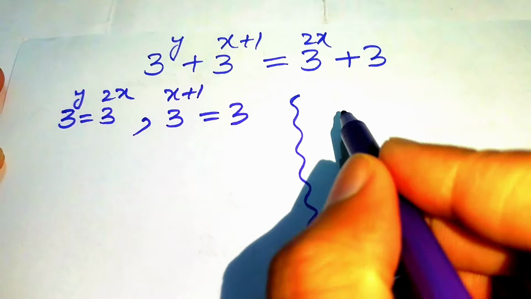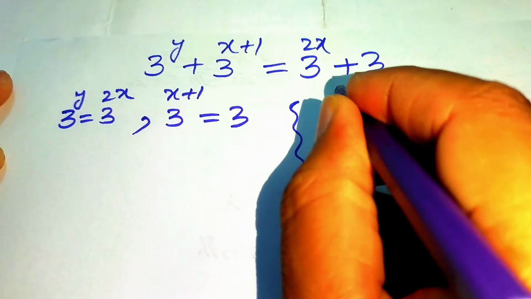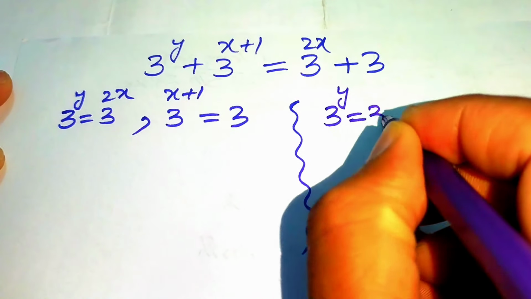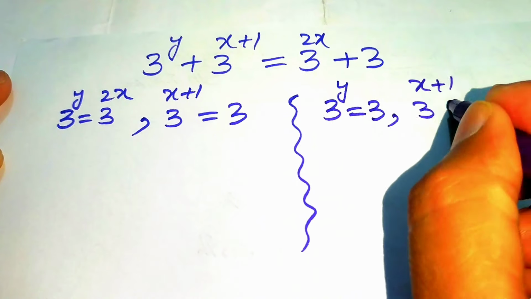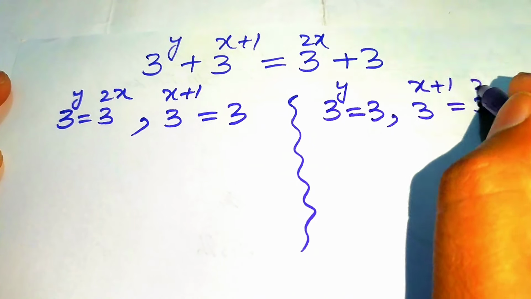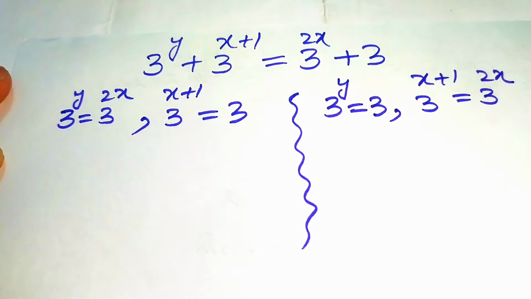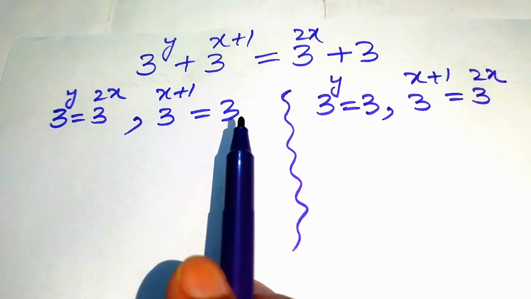In the second case, we take 3 to the power of y equals 3, and 3 to the power of x plus 1 equals 3 to the power of 2x, because here we have these two possibilities.